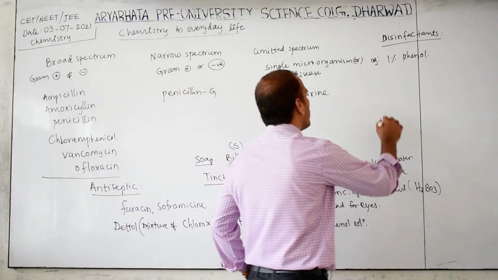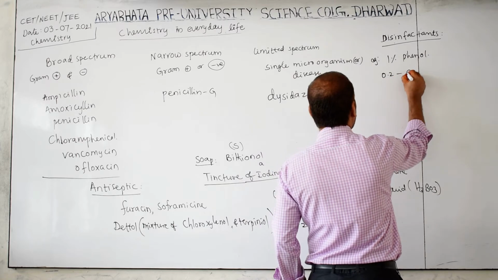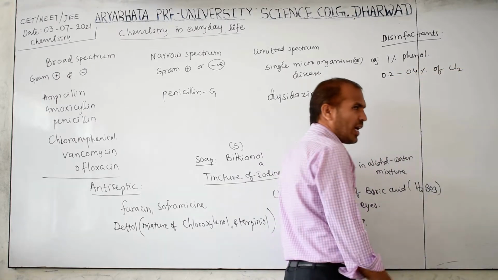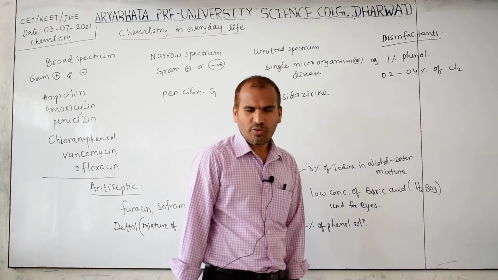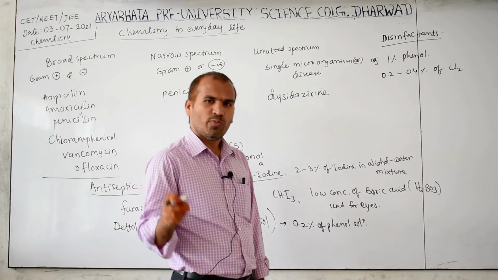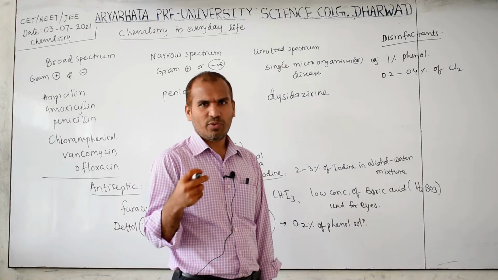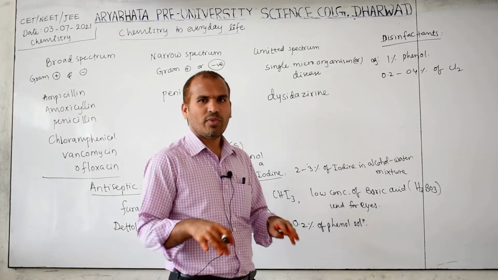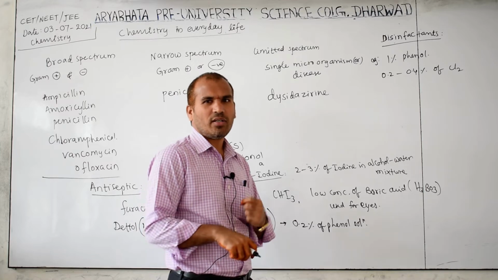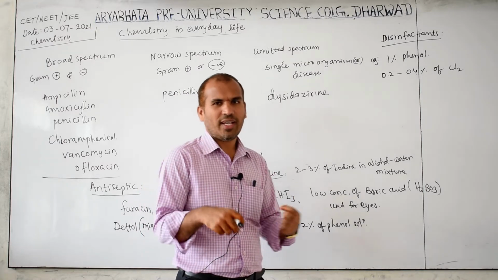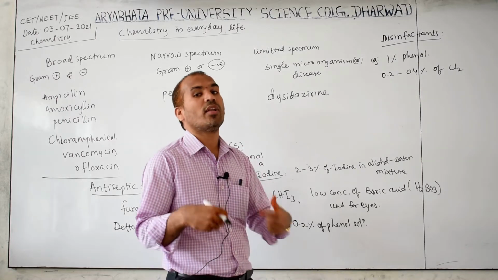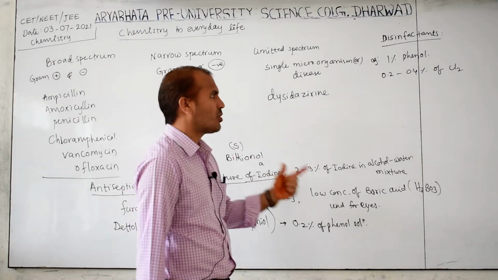And also 0.2 to 0.4% of chlorine acts as a disinfectant. You may know that swimming pool water is generally purified with chlorine. That's why if you swim regularly in a swimming pool, your skin will be darkened; if you have a fair color, it will turn dark because of this chlorine.